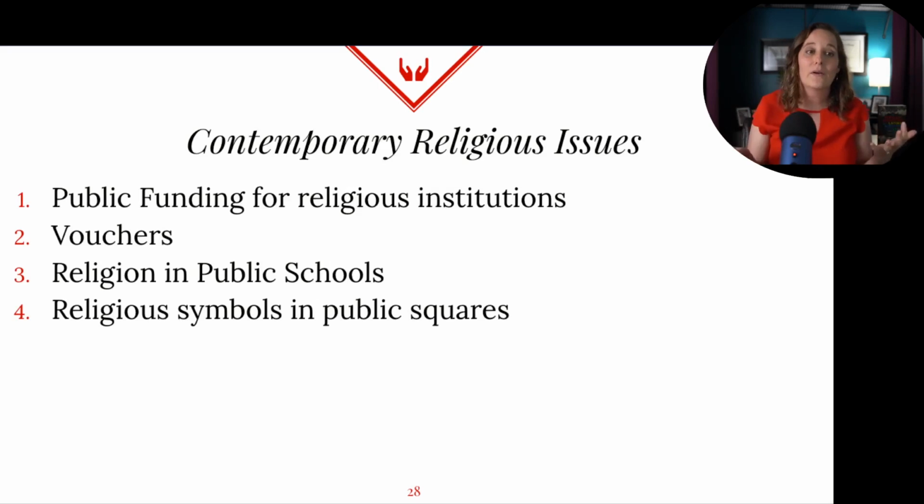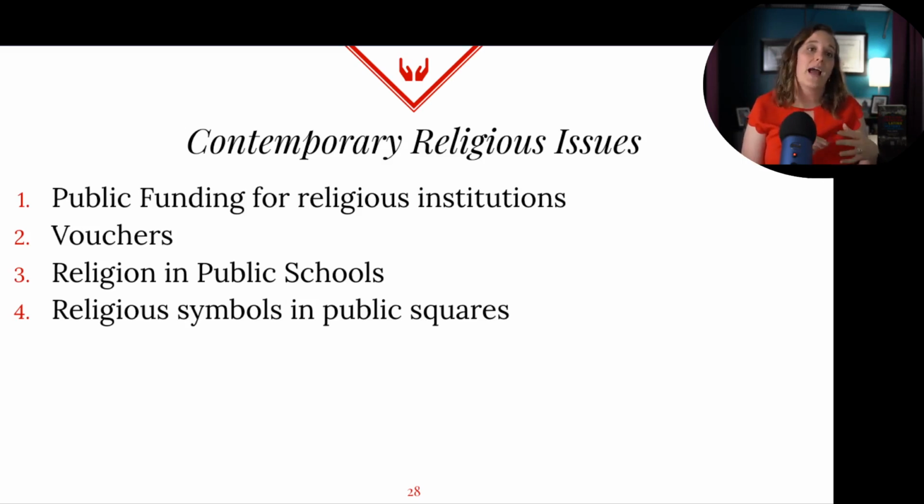Some contemporary religious issues, some things that we talk about when dealing with the freedom of religion. Public funding for religious institutions. Almost all laws that provide funding to religious institutions have been struck down. School vouchers help relieve the cost of tuition for people who send their kids to private schools.